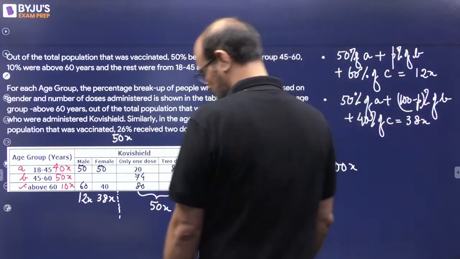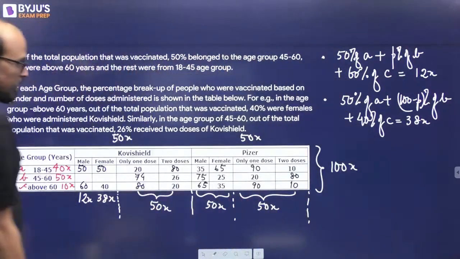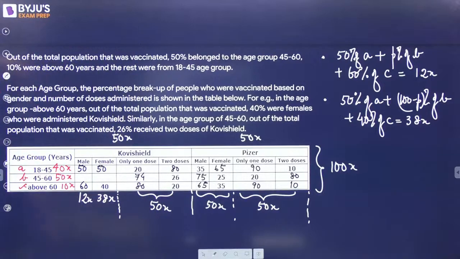If we add them, it will give A plus B plus C equal to 50x, which is obvious. Now we have to work on the other side. So we will have 40x minus A, 100x minus A plus B plus C is going to be 50x. So A will not come out from here.